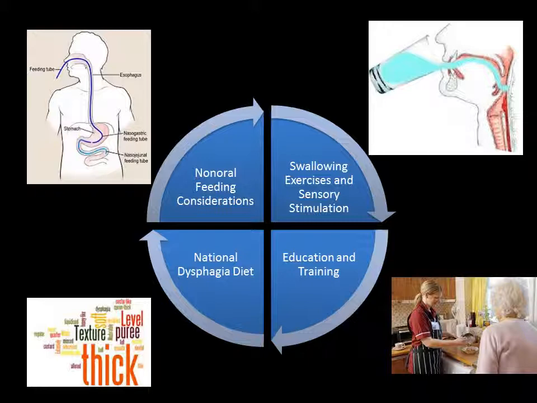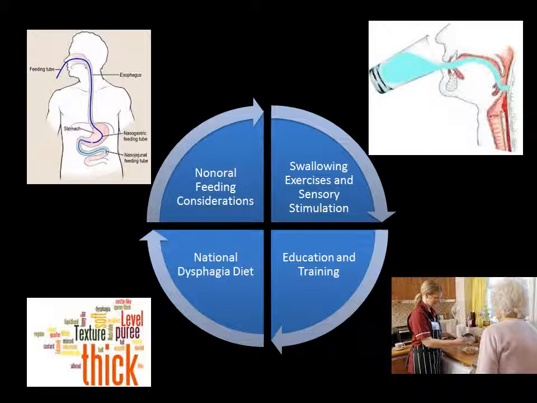Maybe it's their parents, and they've gotten older, and the only thing they really enjoy is eating, and then you're going to take that away because they're aspirating. I've seen this in hospitals, and the patient just absolutely does not want the feeding tube, but they're aspirating, so they need it. The patient I was telling you about with the spaghetti noodles did not want a feeding tube, but that patient was at risk for death because of that pneumonia.